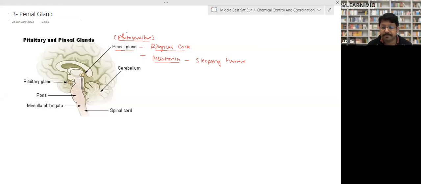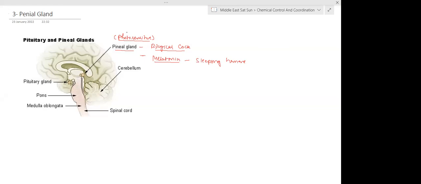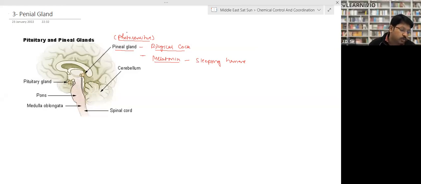Is it clear? Yes. Please note it down. It is 0.1 to 0.2 gram in weight. Next point. It is located between the cerebral hemispheres.